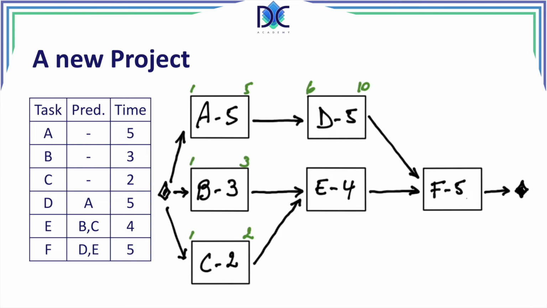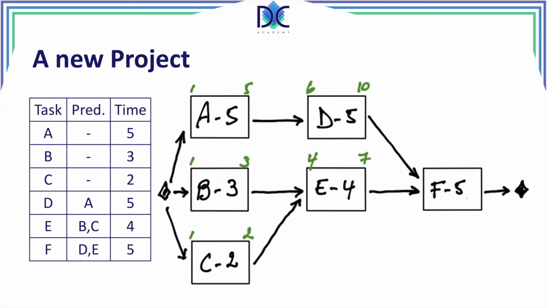Now we have to look at the early start for activity E. Activity E has 2 predecessors, B and C, and we have to take the highest early finish, in this case the early finish of activity B, which is equal to 3. So the early start of activity E is 3 plus 1, and that is 4. The early finish for E is 4 plus 4 minus 1 is 7.